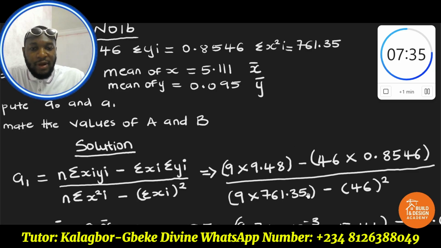You put those in a bracket, minus summation of xi squared, that is 46 squared.